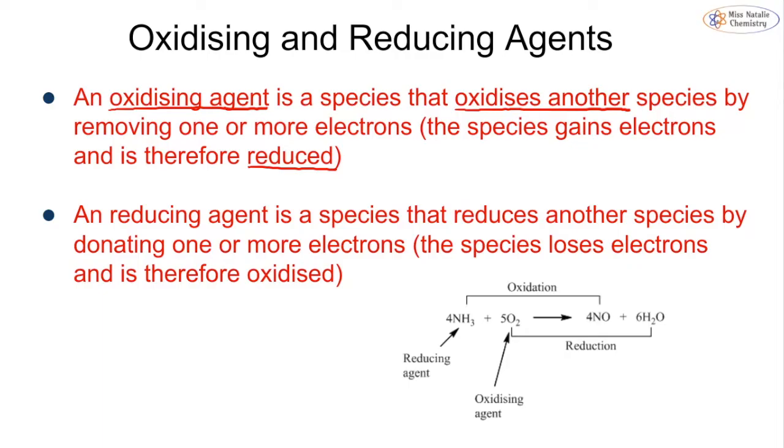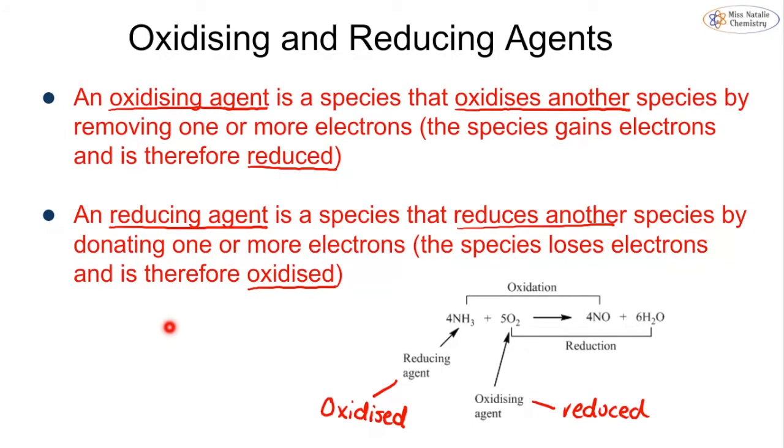A reducing agent is therefore the opposite. A reducing agent is a species that reduces something else by donating one or more electrons, and therefore, by losing its electrons, it is therefore oxidized. So an oxidizing agent is reduced, and a reducing agent is oxidized itself, because the term reducing or oxidizing is talking about what it does to something else.